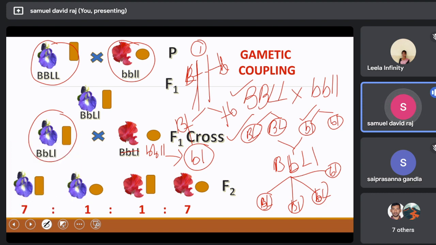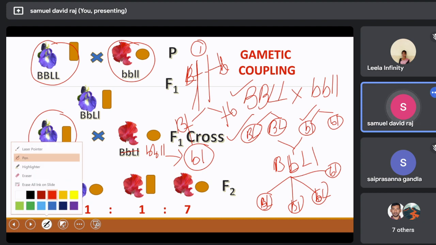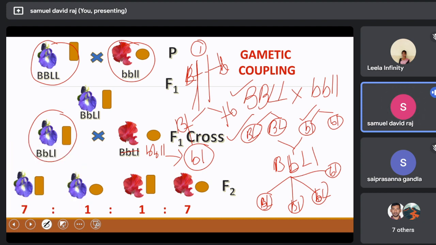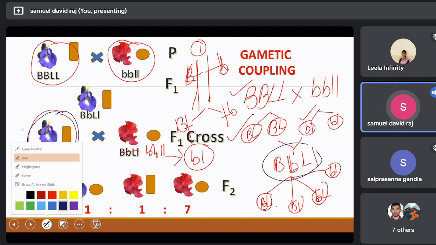So what happened here is, in the F1 hybrid, there are four different types of gametes: capital B, capital L; capital B, small l; small b, capital L; small b, small l. I represent each one like this.